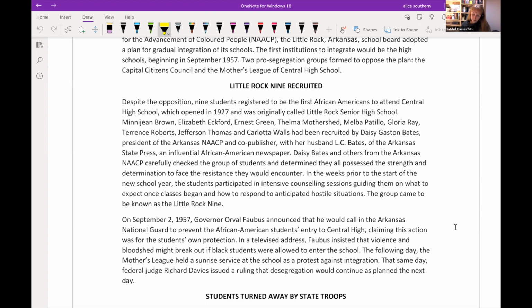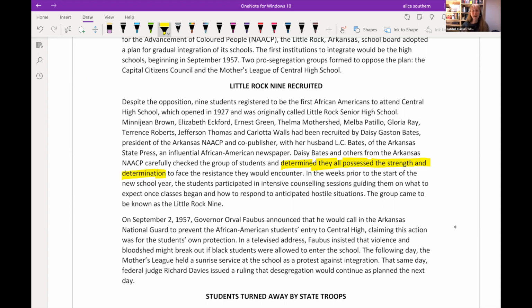So they had been recruited to go to this school as the first black people. The NAACP carefully checked the group of students and determined they all possessed the strength and determination to face the discrimination they would encounter.